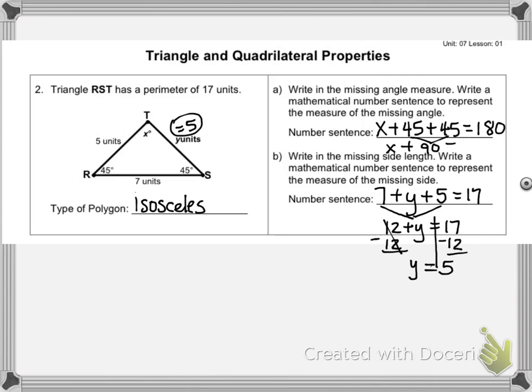X plus 90 should give me 180. Draw the wall. Not there. Subtract. What is 180 minus 90? We get 90. So the missing measure for angle X is 90 degrees. So if I have a 90 and I have a 45 and a 45, are they all acute? No. Is there one obtuse? Is there one right? So this is an isosceles right triangle.